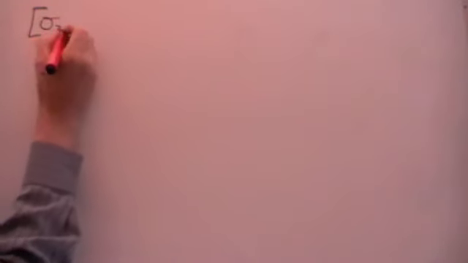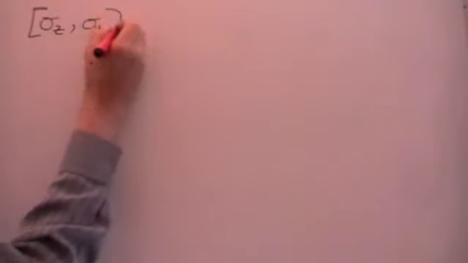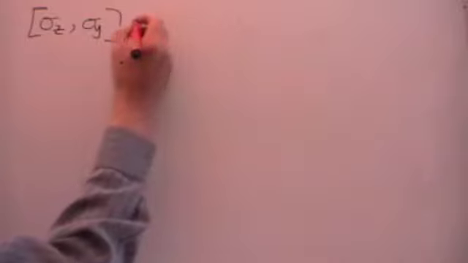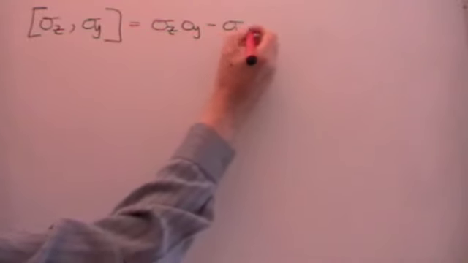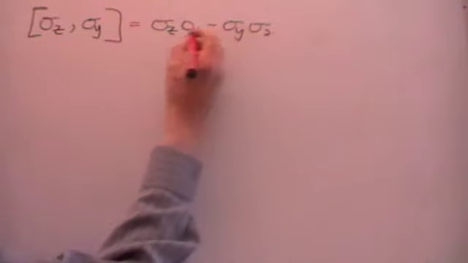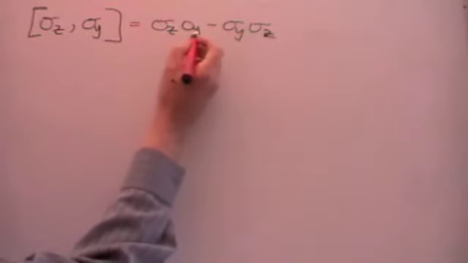What about z and y? So we now need to look at the commutator of sigma z, sigma y and ask, is that equal to 0? Well, that of course is going to be equal to sigma z, sigma y minus sigma y, sigma z.